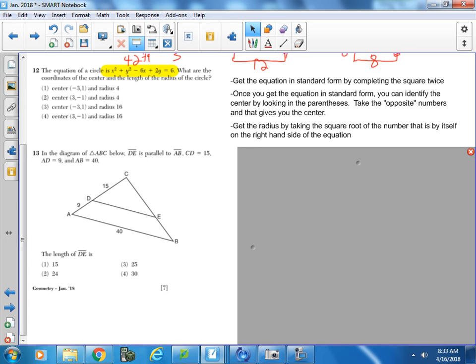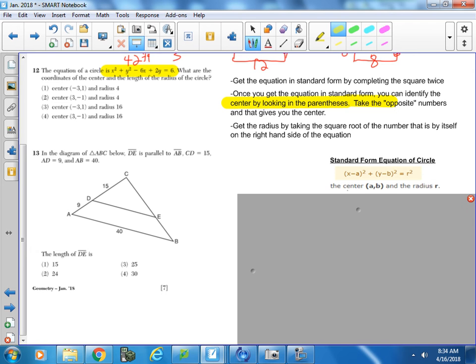Once you get the equation in standard form, you can identify the center by looking in the parentheses, and you'll see what I mean when we do it. And then you take the opposite. So if you have x minus 2, you're actually going to have a plus 2 as the center. And then you get the radius by taking the square root of the number that's by itself on the right-hand side of the equal sign.